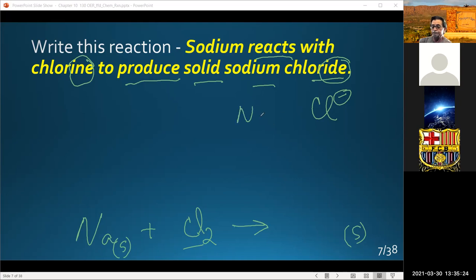Sodium in ionic form is a +1. I know that because sodium is in group 1, has 1 valence electron, and it's a metal, so it would lose an electron and therefore give us a positive charge. So here are the ions that I'm going to be utilizing before I put them together to give it its formula. It's a simple 1-to-1, 1 sodium, 1 chloride. And so the formula would be as follows.